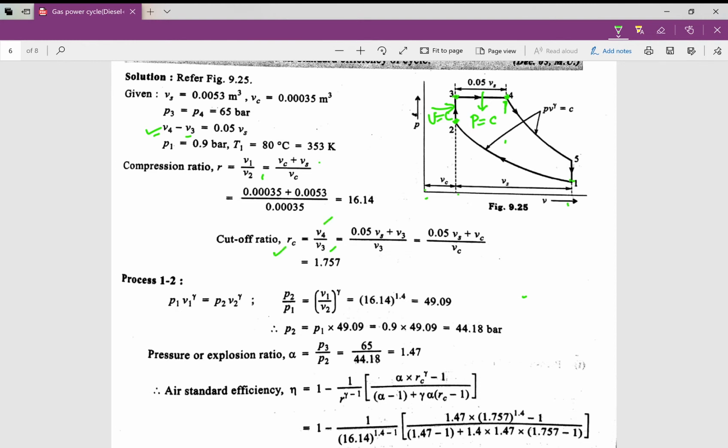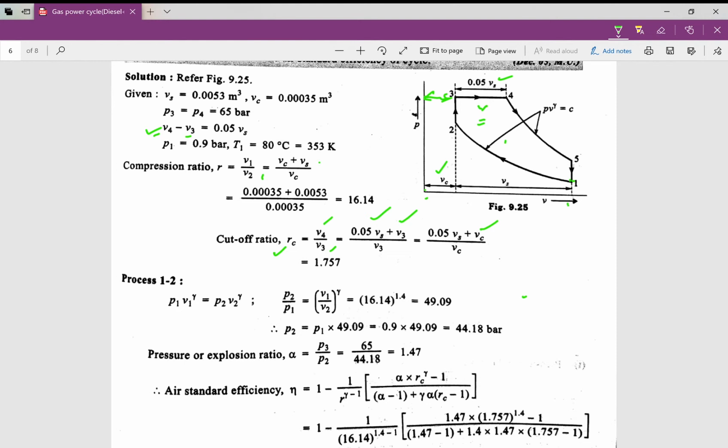So, dear students, this V4 we can write as 0.05 Vs plus, from here to here, Vc. And this V3 is nothing but Vc.